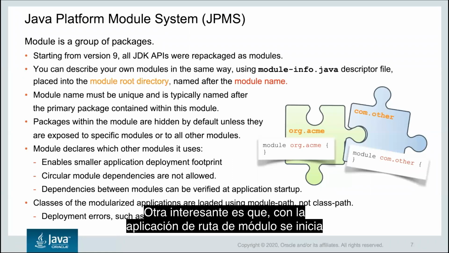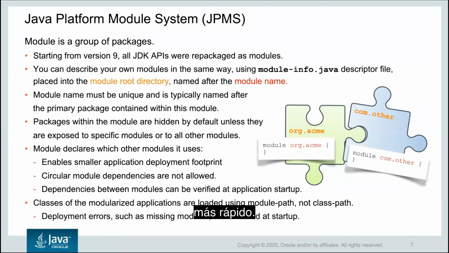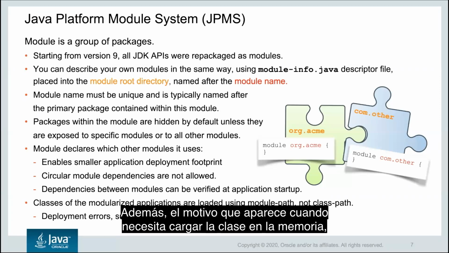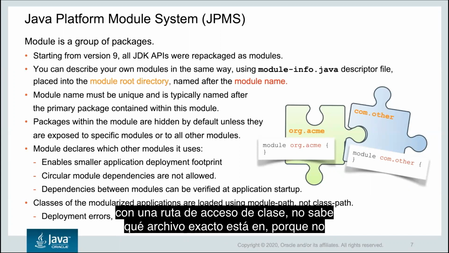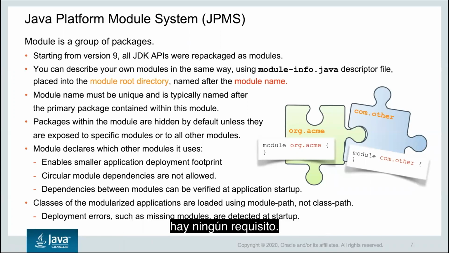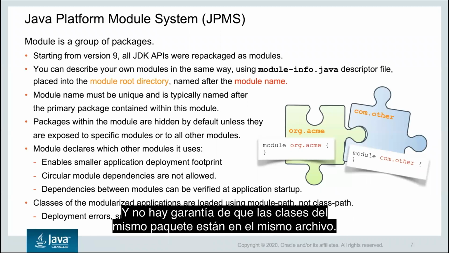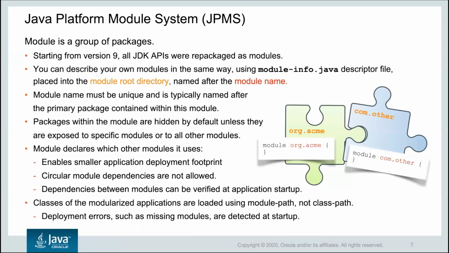Now, another interesting thing is that with module path, the application starts quicker. And the reason behind it is when you need to load a class into memory with the class path, you don't know which exact archive that class is in. Because there's no requirement, and there is no guarantee that classes from the same package are in the same archive.